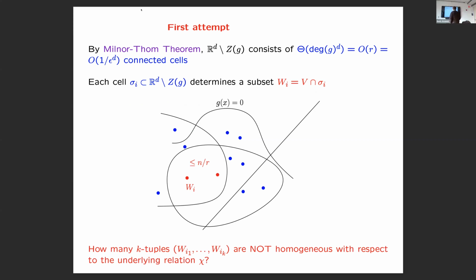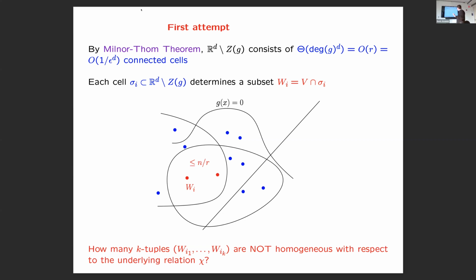So you have order of 1 over epsilon to the d connected cells into which the zero set of the partitioning polynomial subdivides the ambient space. So for your partition, for each cell, you pick a subset of points in that cell.